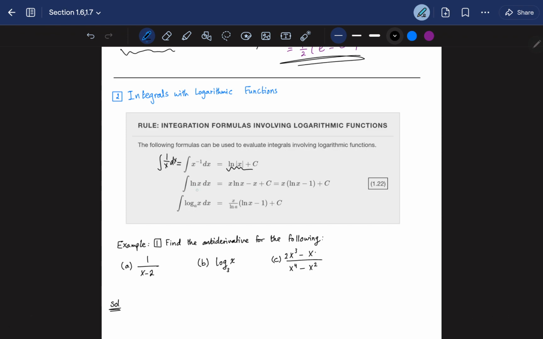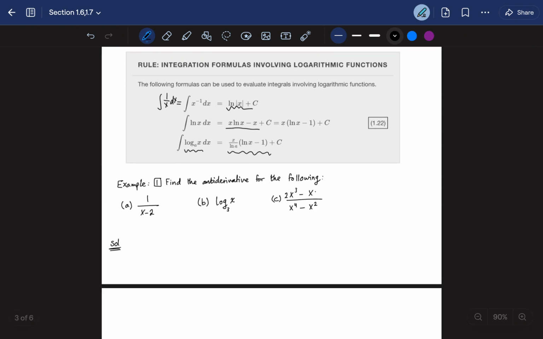If I'm integrating ln of x, this is just x ln of x minus x. When we go into chapter 3, we'll be able to integrate this and prove it, and we'll see why this integral is equal to this. And finally, if I have a log with a certain base a, I can easily find the integral using this formula.